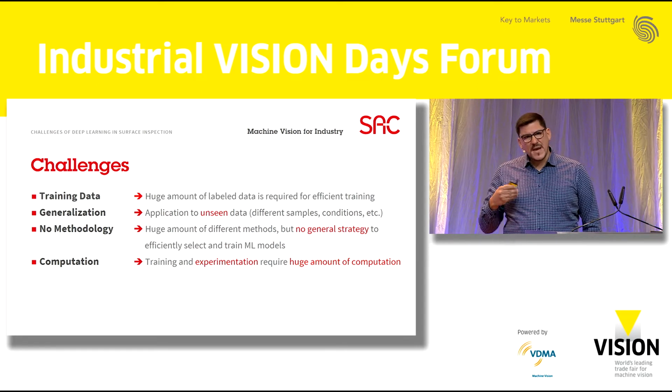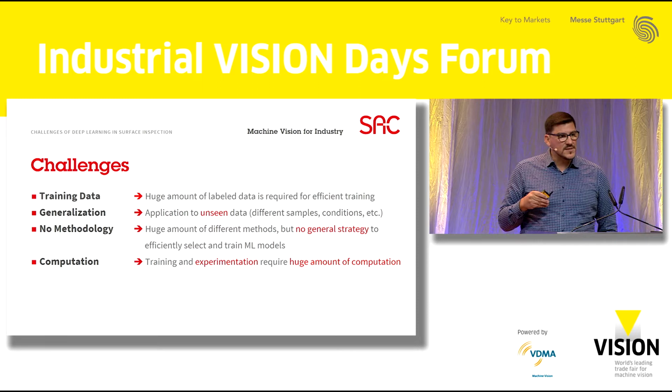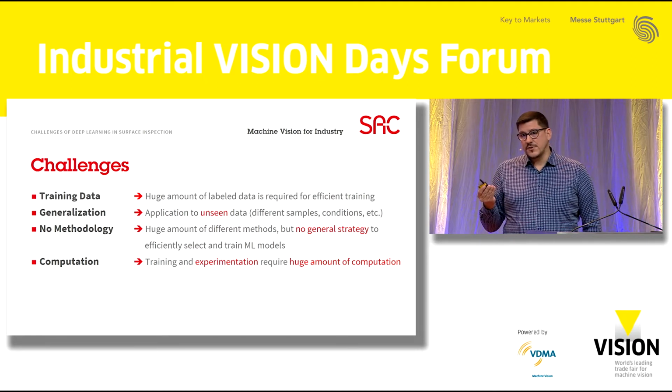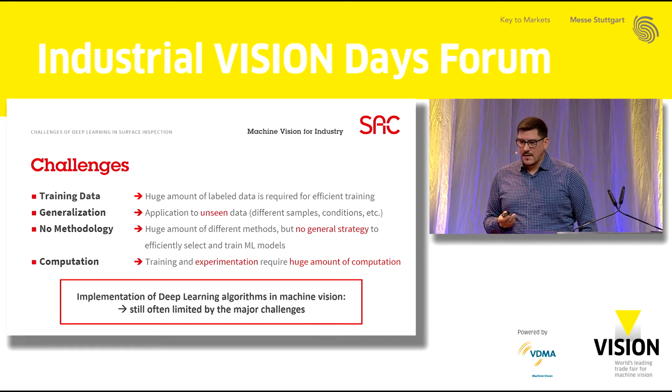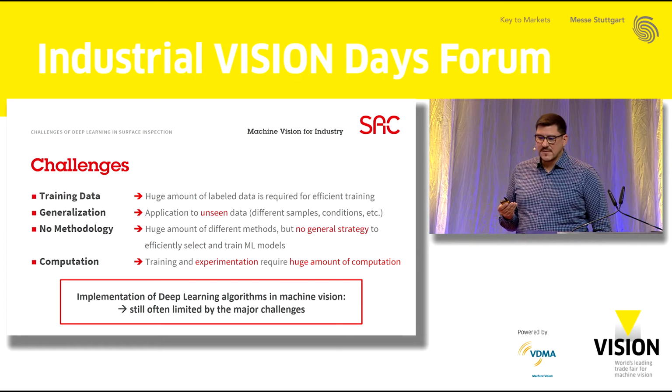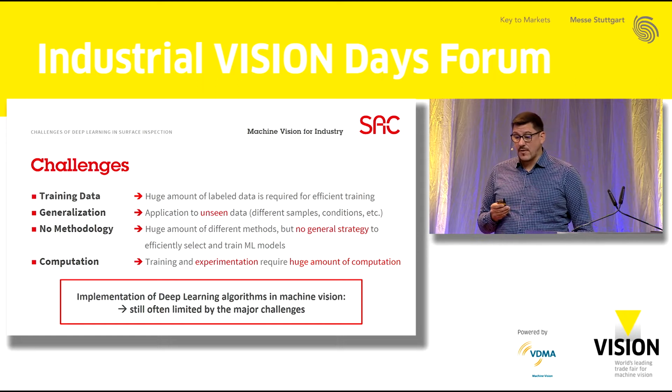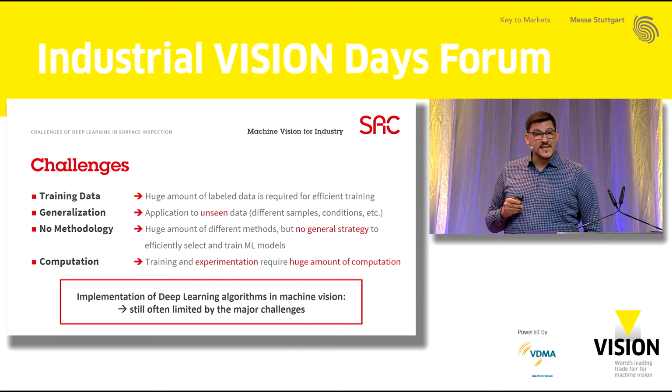And an even bigger problem, in my opinion, is the time loss in applications in the industrial environment, which have a fast cycle time. So we need fast algorithms. Summarized, the implementation of deep learning algorithms in machine vision is still often limited by these major challenges.